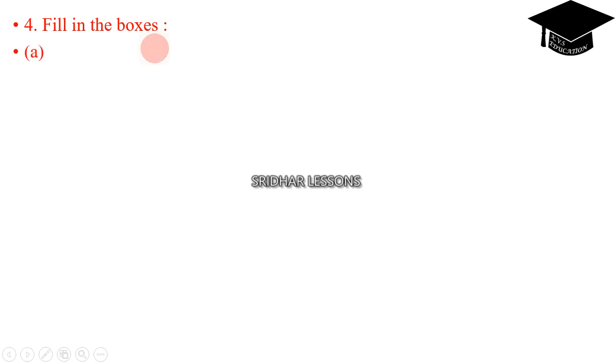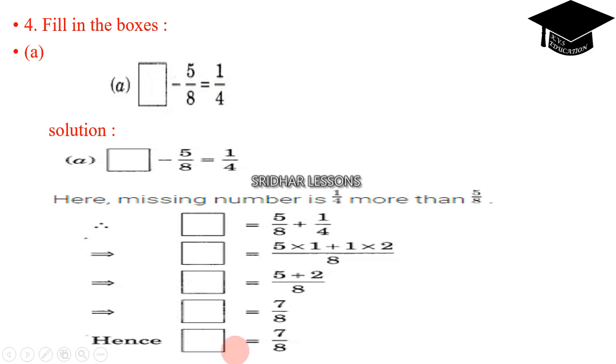Fill in the boxes. Blank minus 5 by 8 is equal to 1 by 4. What do we have to do? Here the missing number is 1 by 4 more than 5 by 8, right? So the missing number is equal to 5 by 8 plus 1 by 4.